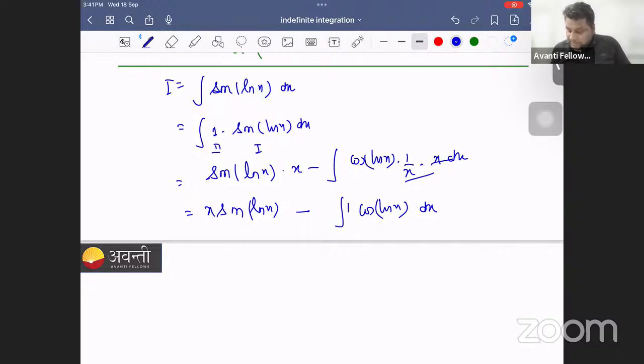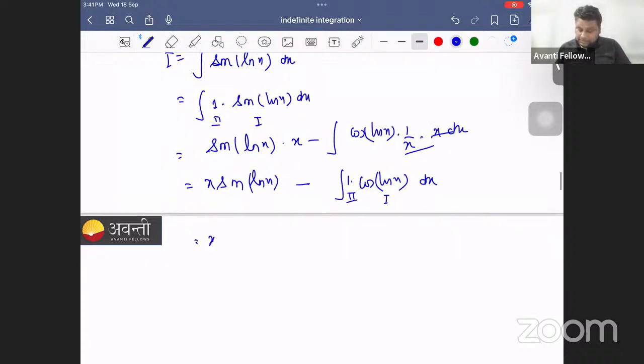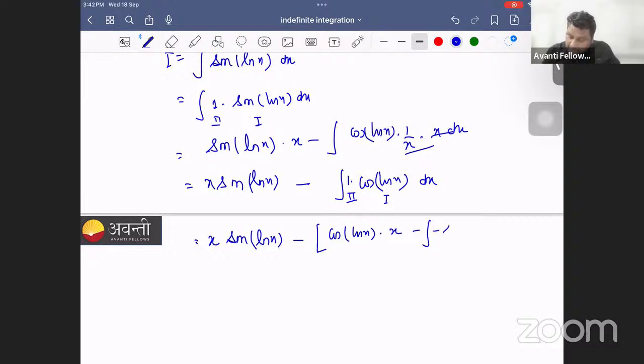Again assume 1 as first function, this is first, this is second. 1 as another function and again apply by parts. So it is x sin ln x minus. Now see first integration of second x minus integration derivative of first, minus of sin ln x upon x, integration of second x dx.